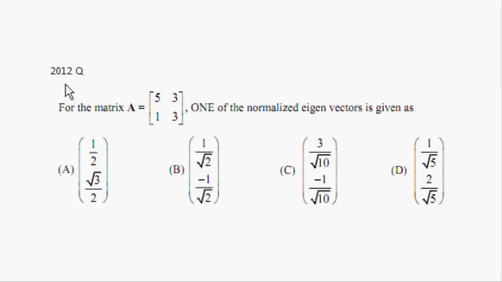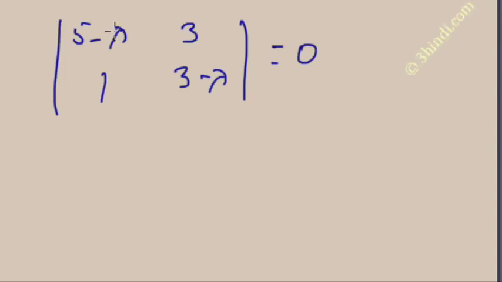This is the 2012 question. For the matrix A, one of the normalized eigenvectors is given as this. Here again the question is about eigenvectors. To find the eigenvector, you first need to find the eigenvalues. It is a 2 by 2 matrix, so the number of eigenvalues is 2, and the procedure is the same. Put lambda in the diagonal elements and the determinant is equal to 0.